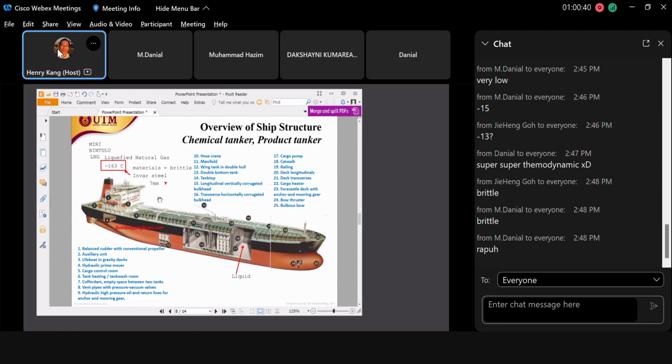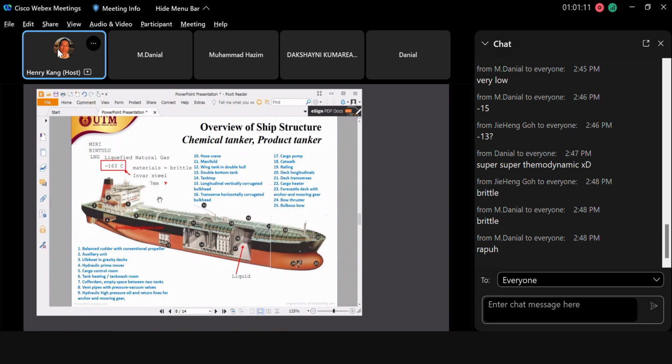You can imagine the tank is something like a thermos bottle, to keep the material at a very low temperature, but only the inner layer is EVA steel, a very thin layer, only 7 mm.